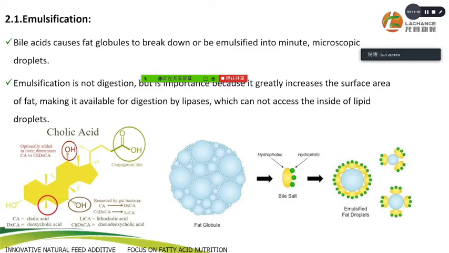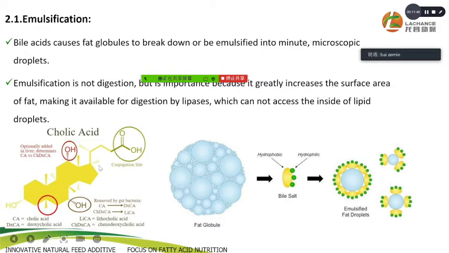But remember, emulsion is not digestion. This only increases the surface area of the fat droplet and makes the lipids easier to digest. As we all know, lipase cannot access the inside of a lipid droplet, only the surrounding of the droplet.